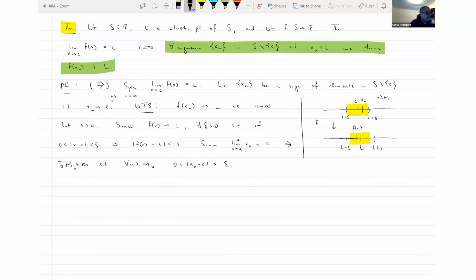This follows from the definition of convergence of sequences to a point. Here I'm choosing epsilon in that definition to be delta, and this delta comes from the definition of convergence of functions.